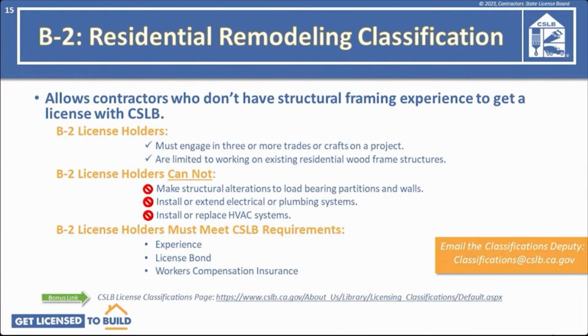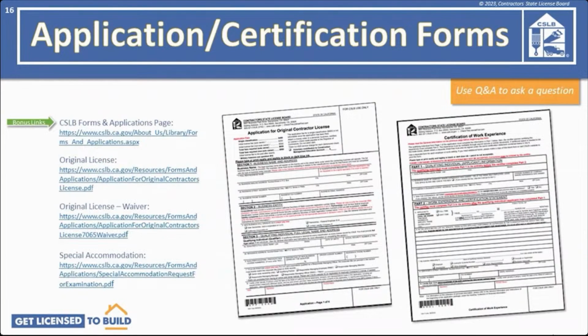Like all other CSLB licensees, B2 applicants must comply with CSLB experience, examination, license bond, and workers' compensation insurance requirements. If you have more questions about the B2 license, email the classifications deputy at classifications@cslb.ca.gov.